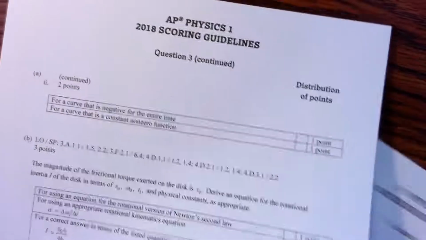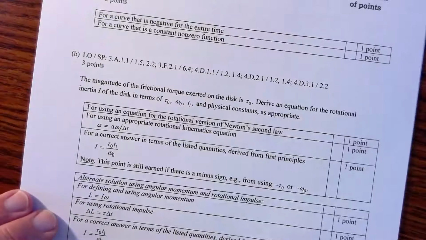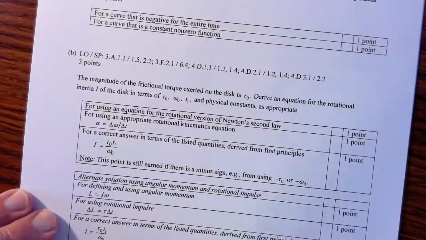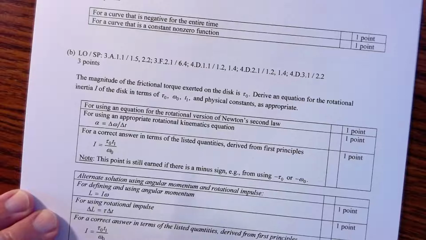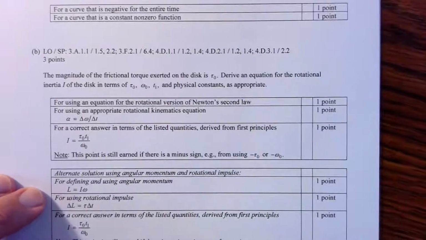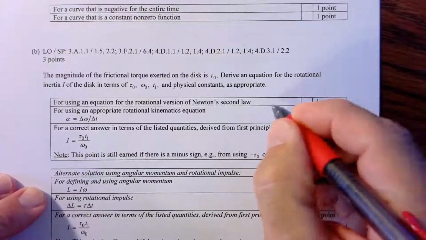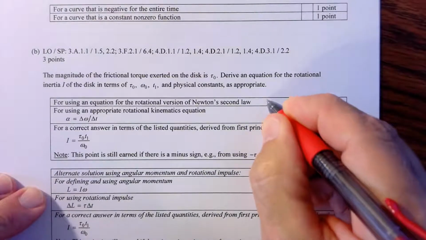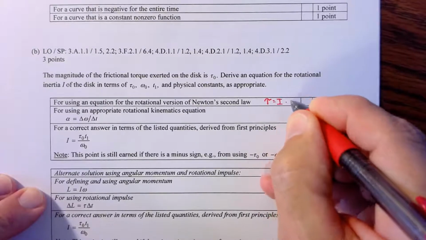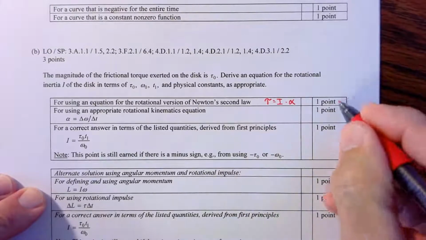The second thing they asked you to do, part B, is to derive an equation for the rotational inertia of the disk. If you understood that we're going to use Newton's law, that is to say that the net torque equals I times alpha, you get a point.